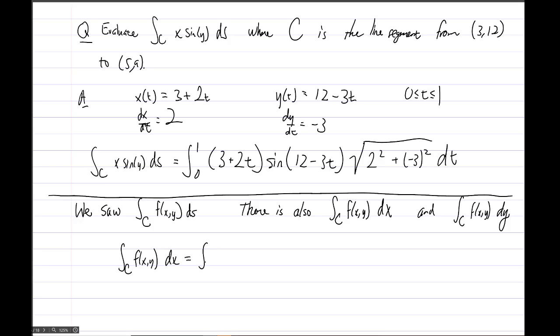it's actually going to be the integral from a to b of f of still x of t, y of t. So that part looks the same as we've seen before. Now, earlier, ds had been replaced with this radical dt. Now, dx is going to get replaced by x prime of t dt.